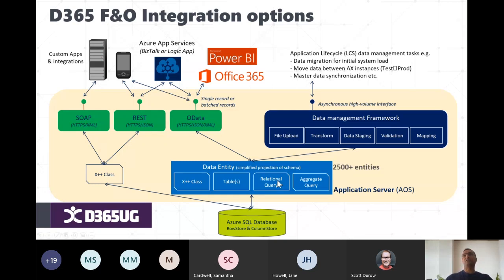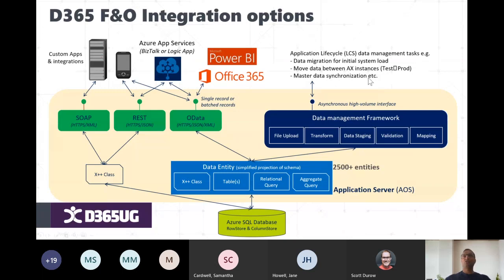Because of the normalization, and in order to facilitate the import and export of data, Microsoft introduced the concept of data entities, which is very similar to CE data entities.